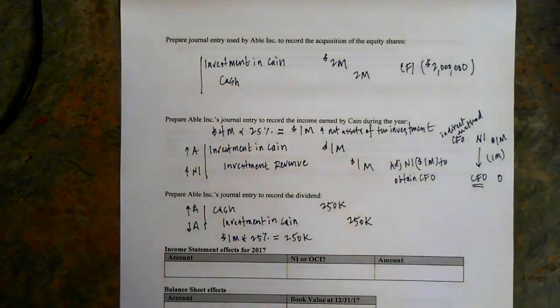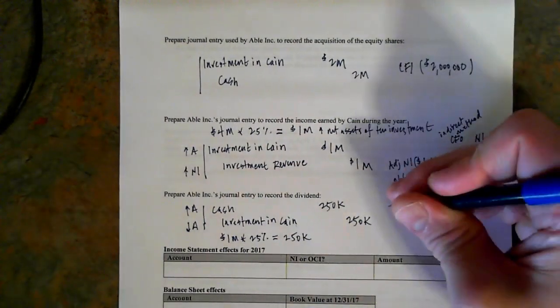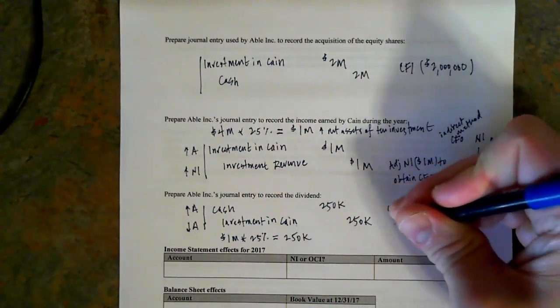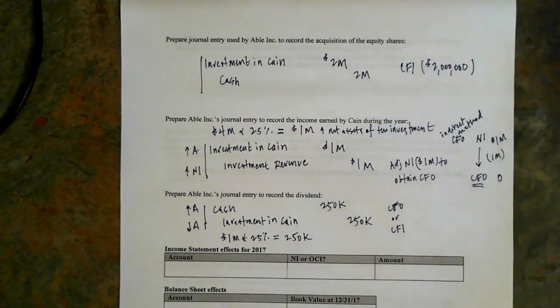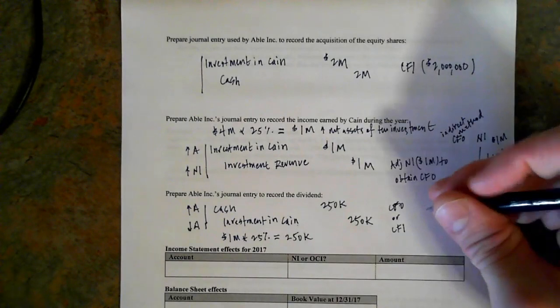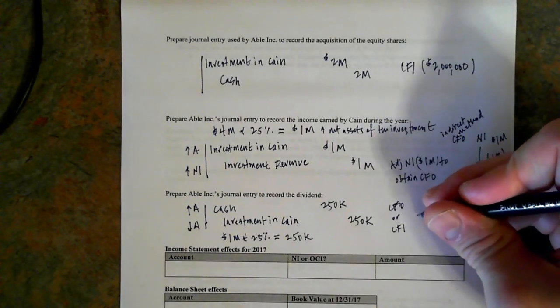And how this is recorded, again, dividends from an investee are recorded in either the CFO or the CFI. In this case, either way you go with it, you're going to have to show that cash flow.